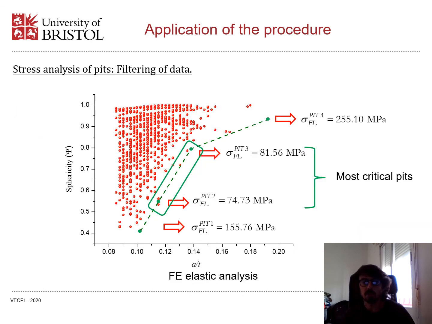So this is just displaying the same results within the graph of sphericity versus non-dimensional flaw depth, and basically showing you that intermediate values for sphericity and flaw depth give you the most critical pits, where in this case you have a very deep pit but quite blunt, quite more three-dimensional, and here you have a quite shallow, quite flat pit, but it only represents 10% of the thickness, whereas this one represents 20%.